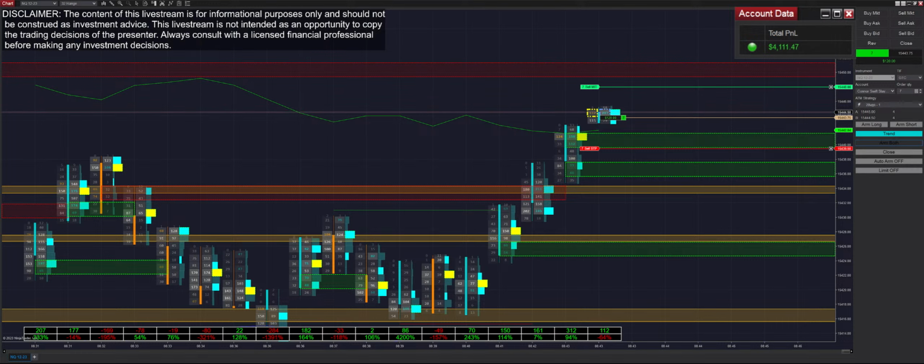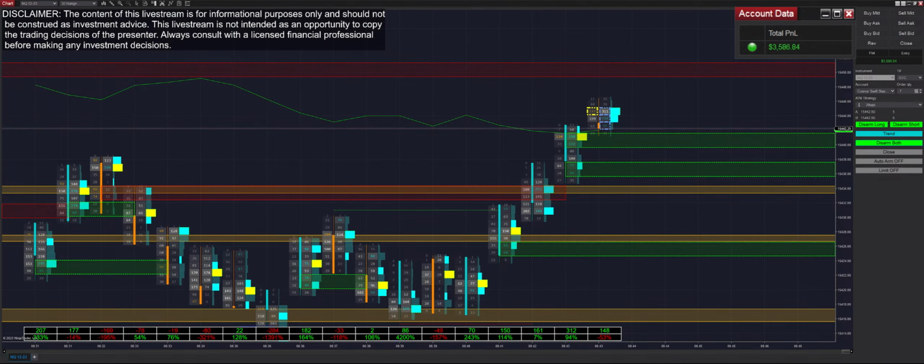Get filled again into a long trade here. Fortunately, we do not have enough momentum to make that trade work. We're back up to 3,500.